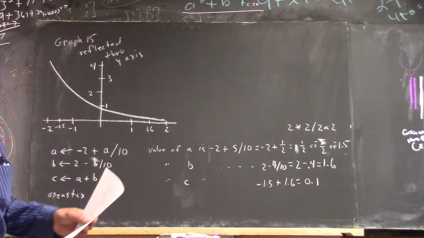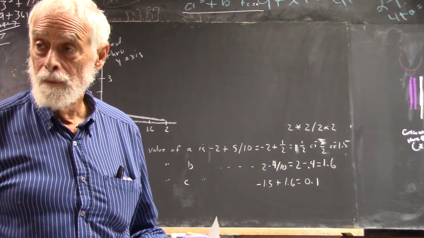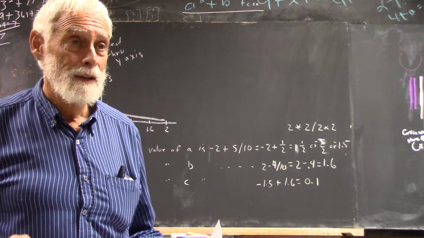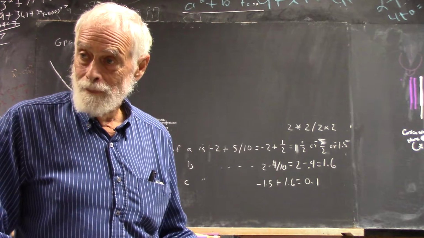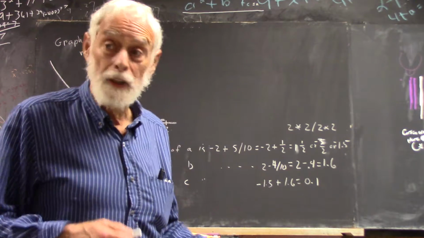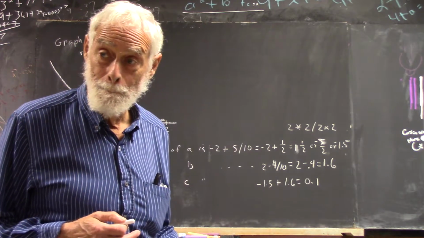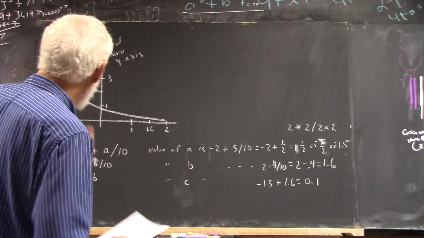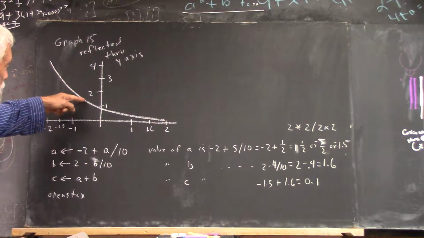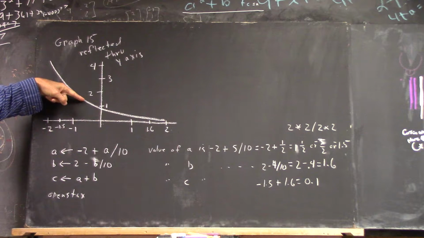Now we want the value of y on the curve where x is -1.5, right? How are we going to find that? Well, let's just take some points on the curve. What's the value of x for this point? Ballpark estimate.